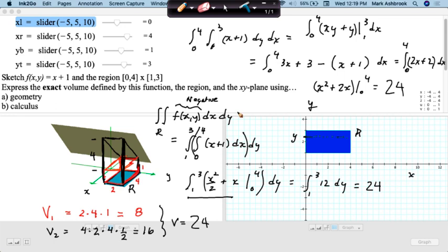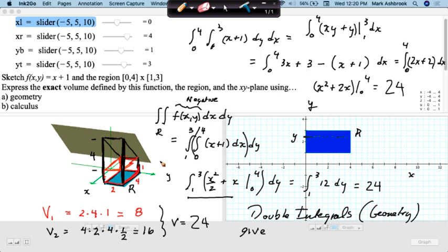So if sometimes the surface is above the xy plane and sometimes below, we get a positive contribution when it's above, and a negative contribution when it's below.